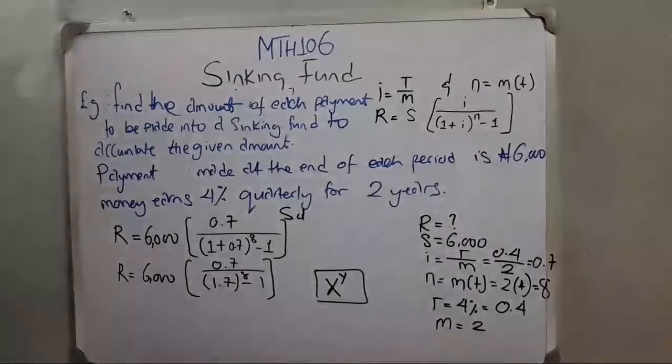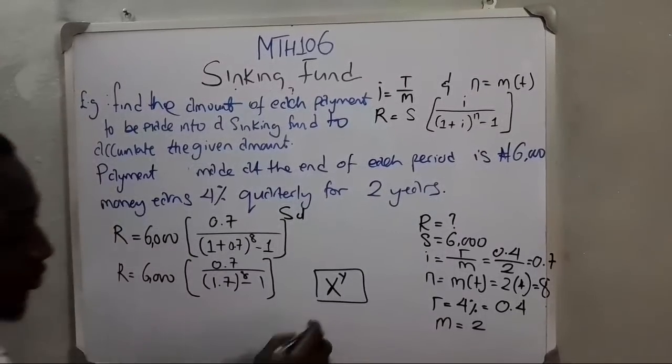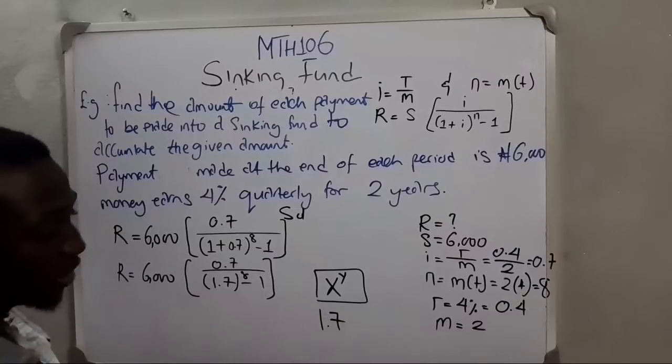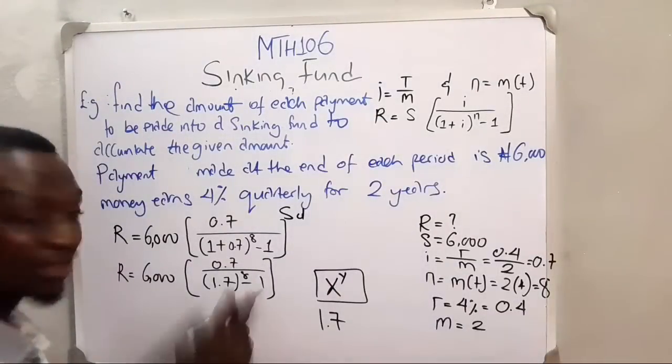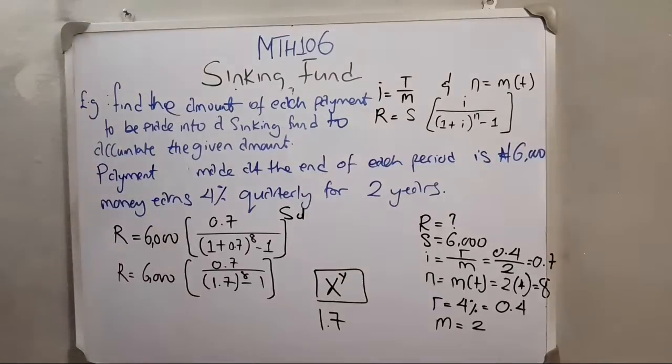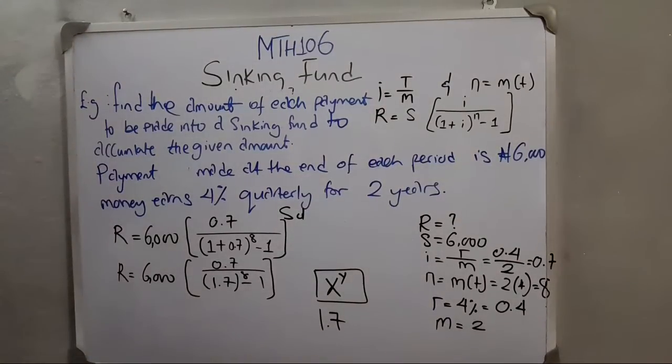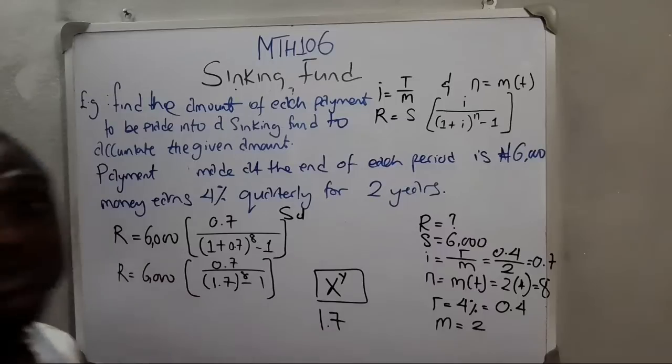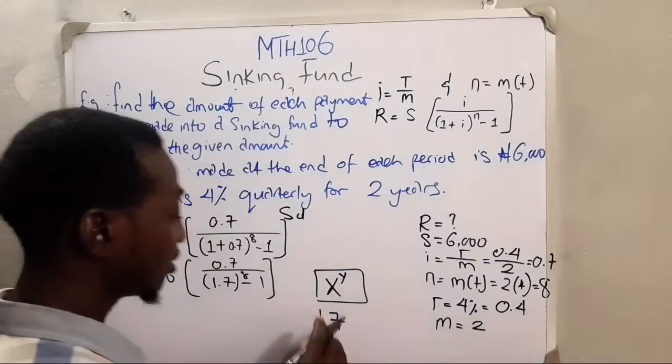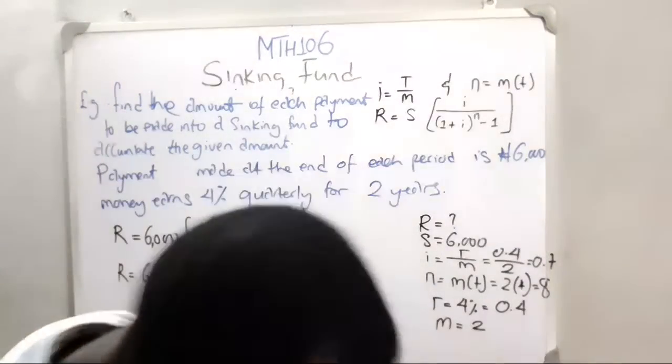I'll press 1.7, then punch x raised to the power of y, and it gives me the option of what I'm raising it to. I input 8, and I have 69.76.